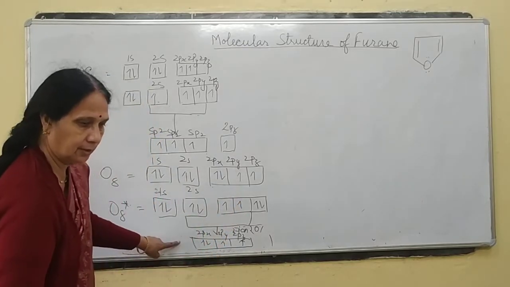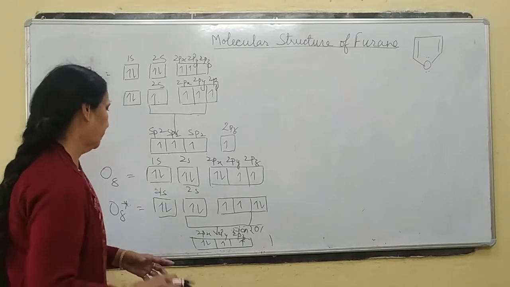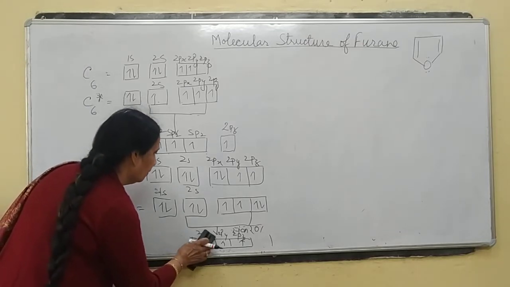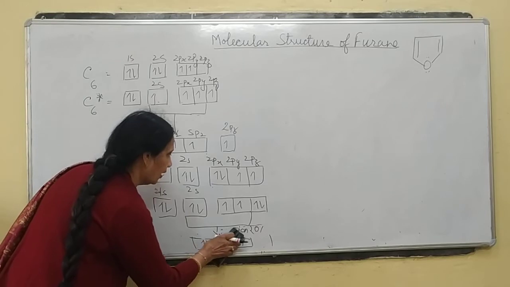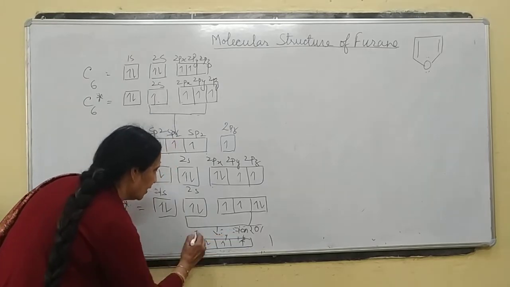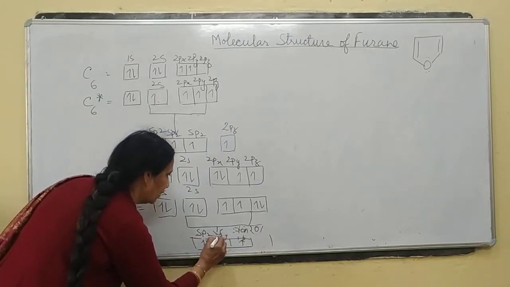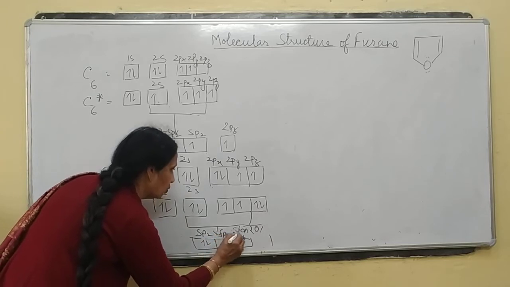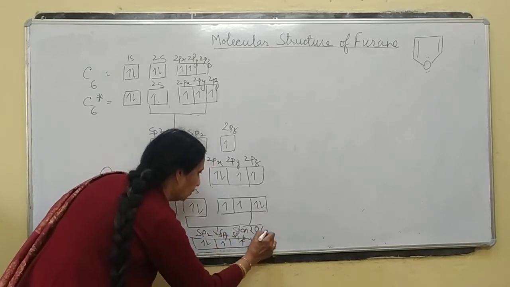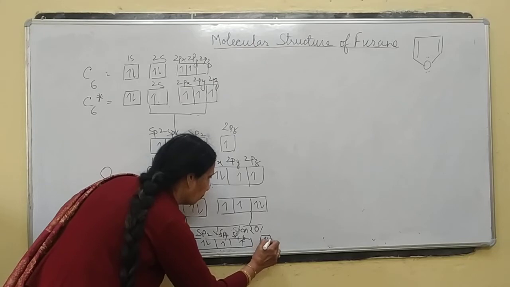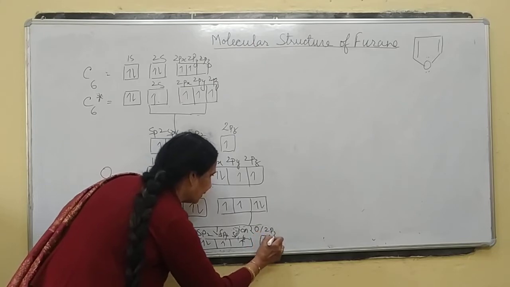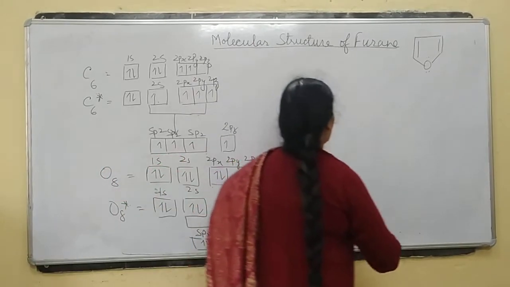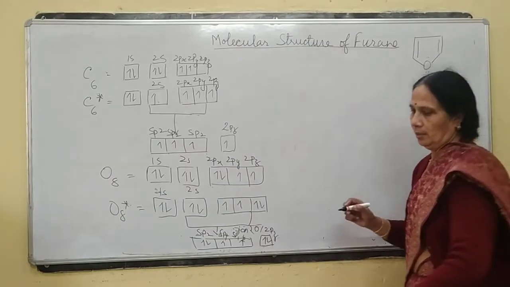Sorry, these are hybrid orbitals. 3 hybrid orbitals: sp2, sp2, sp2 and 1 2pz orbital having 2 electrons.